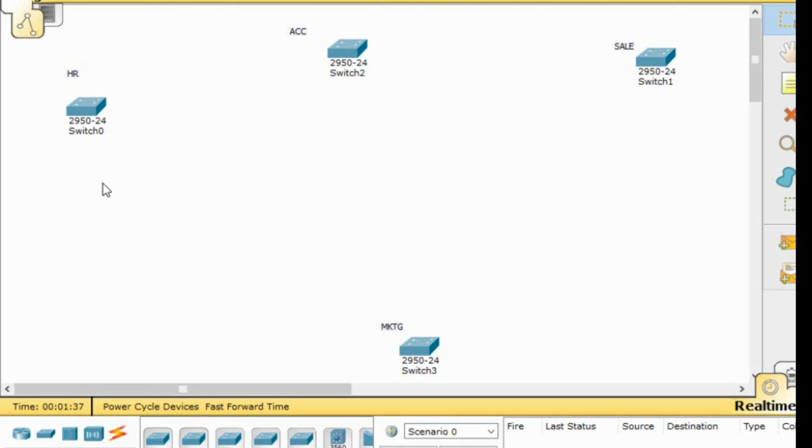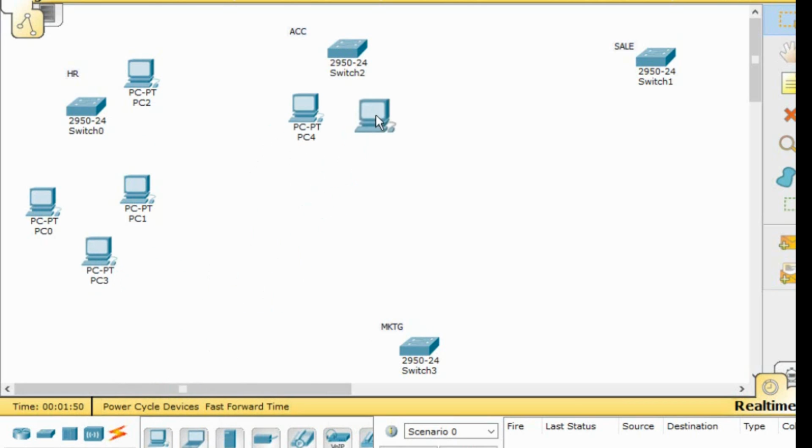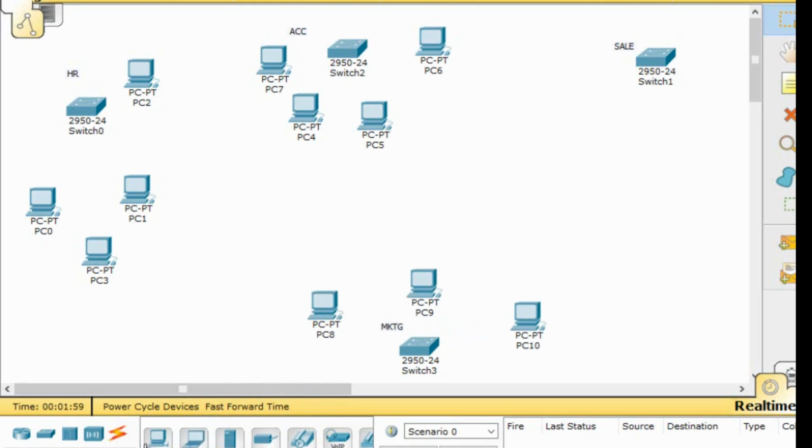So assume that in each department you have 4 computers: 1, 2, 3, 4.